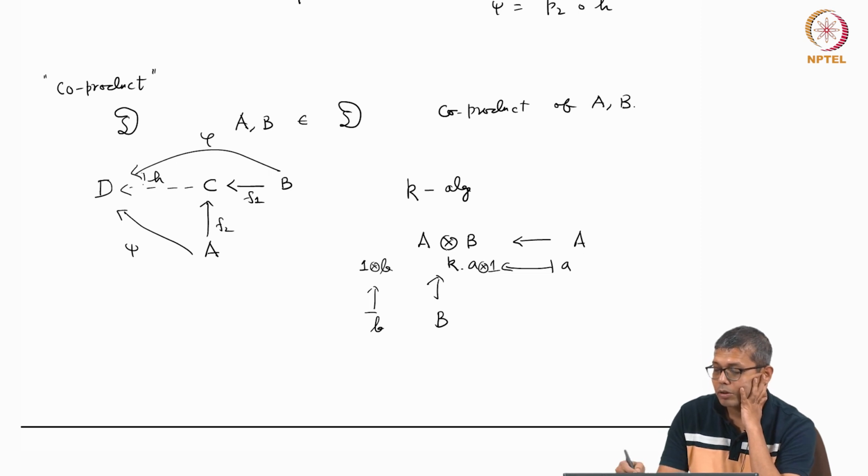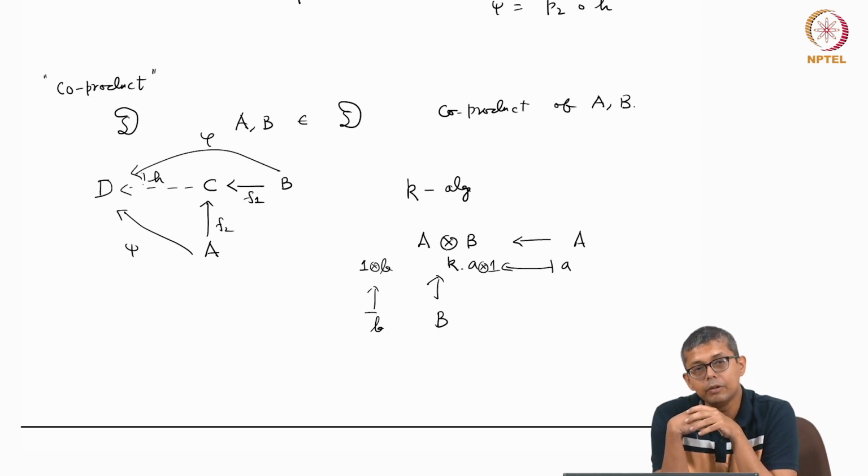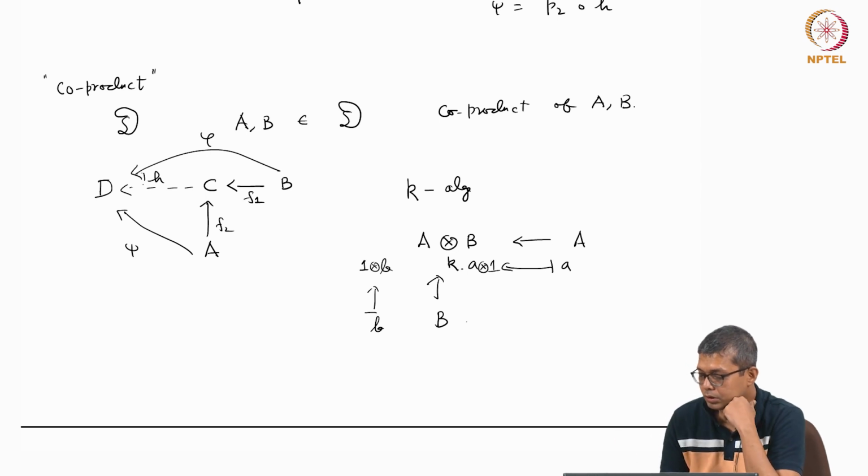A commutative ring K-algebra means commutative ring with identity, right?